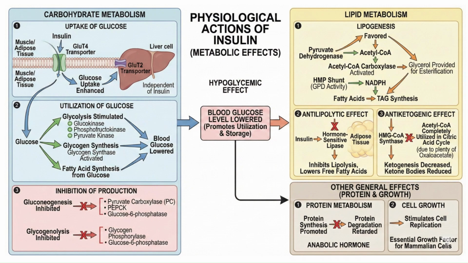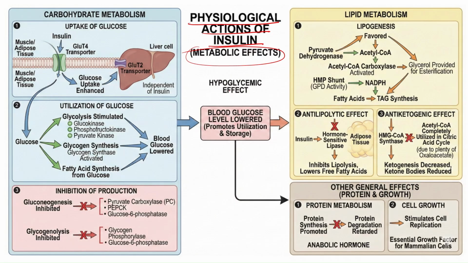Then finally, coming to the physiological actions of insulin, that is, the metabolic effects. Insulin acts as the body's ultimate metabolic manager, coordinating how we use and store energy from carbohydrates, lipids, and proteins. Because it primarily works to lower the blood sugar and build tissue, it is classified as a powerful anabolic hormone.